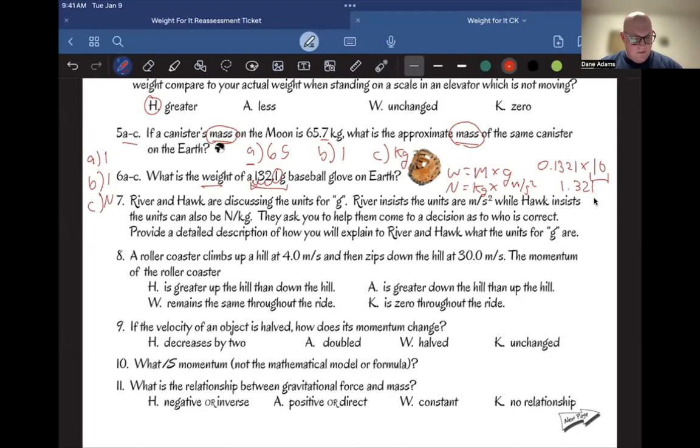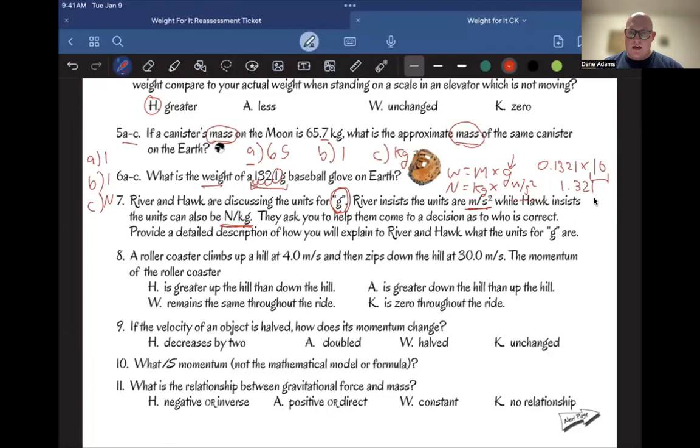And there's my answer. Number 7 reads, River and Hawk are discussing the units for little g. To be clear, just so everybody's aware, I am not talking about grams. I am talking about little g, the quantity little g, the same little g that appears in the weight equation. River insists the units are meters per second squared, while Hawk insists the units can also be, okay, I want everyone to read this with me, newtons per kilogram, not newtons or kilograms.